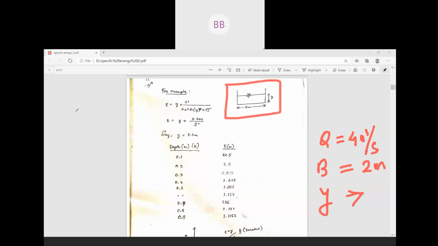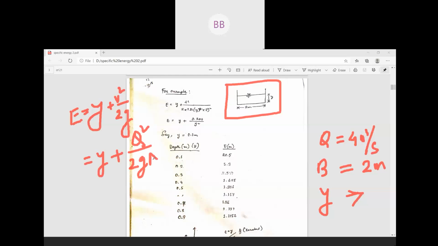Now we use the specific energy equation, that is nothing but y plus v squared by 2g. So this is y. In place of v, we write q by A, so q squared by 2A squared.